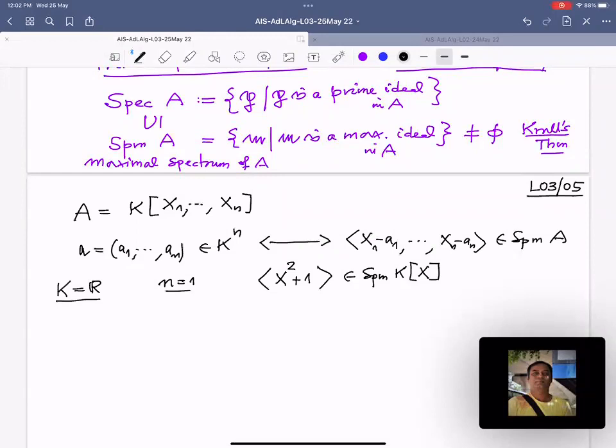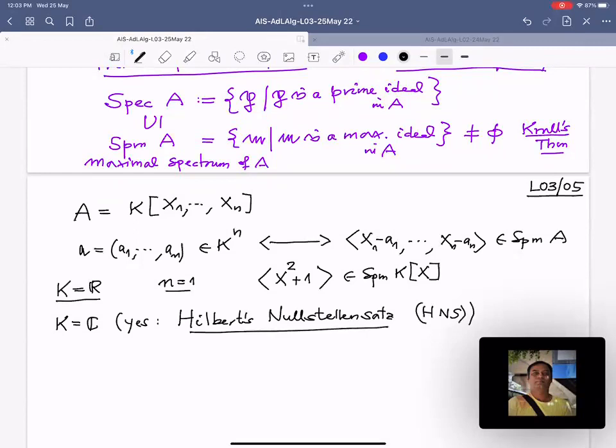That is why these results for complex numbers are much easier. So for K equal to C, this is precisely Hilbert's Nullstellensatz, known as HNS for short. I think Professor J.K. Verma is going to say something more about this.